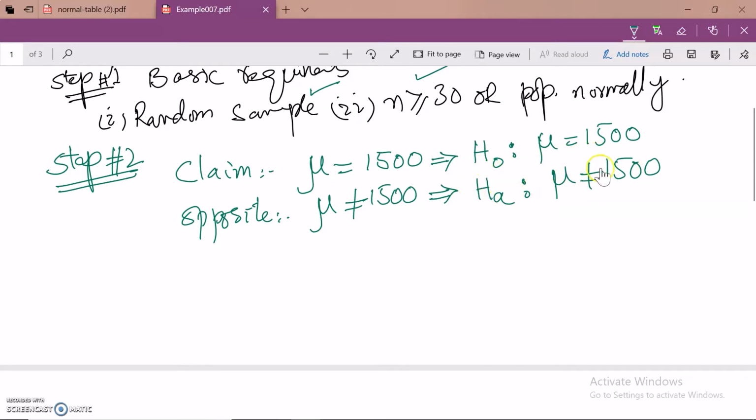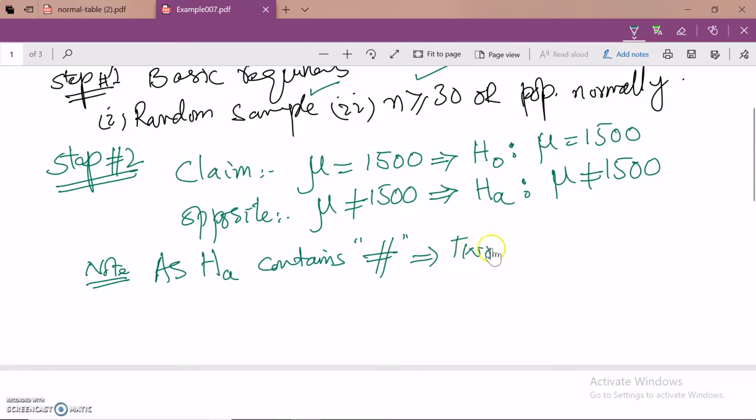Remember that. As the alternative hypothesis contains a not equal symbol, it implies it's a two-tailed test.